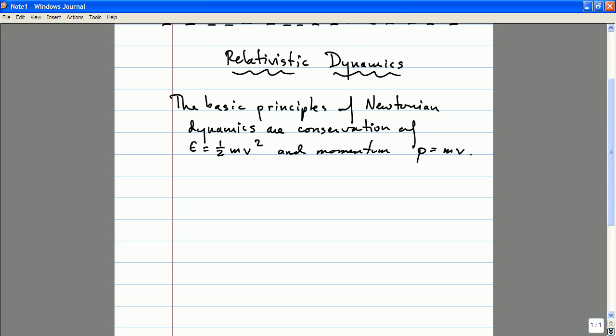And so this notion of the conservation of energy and momentum is really not so much a consequence of Newtonian physics, but perhaps the most basic postulate of Newtonian physics. So this can't really be derived. In a sense, it is a postulate of Newtonian physics.